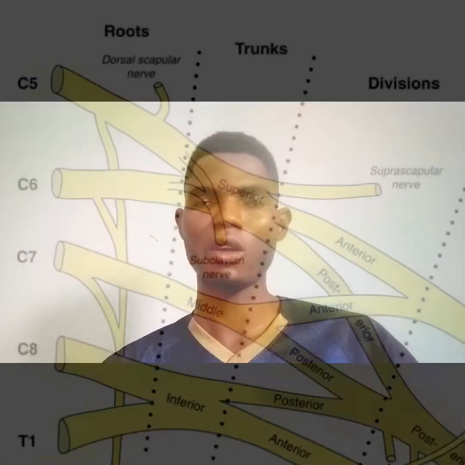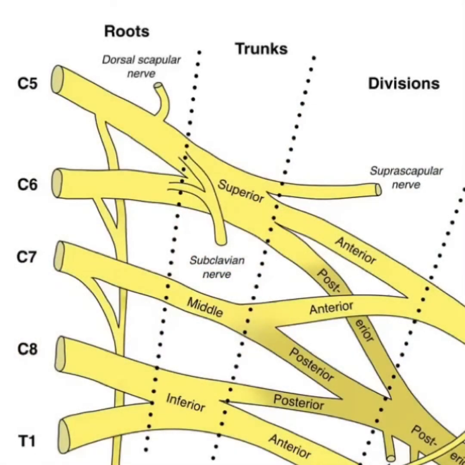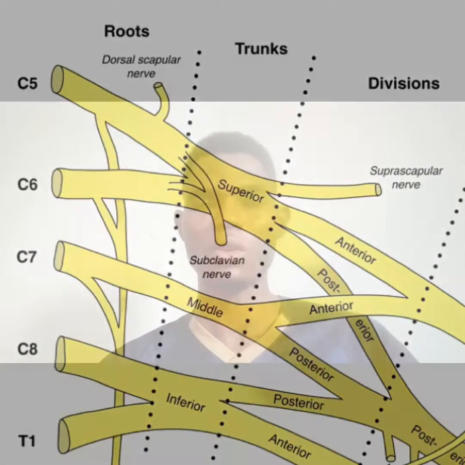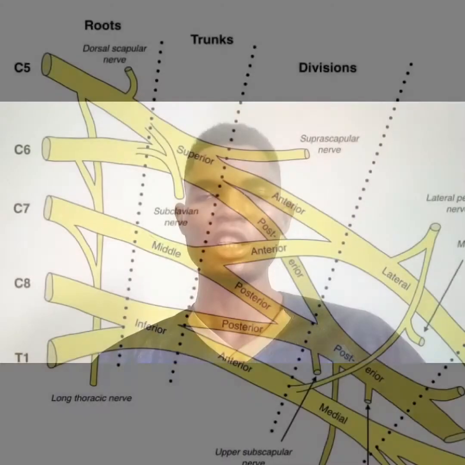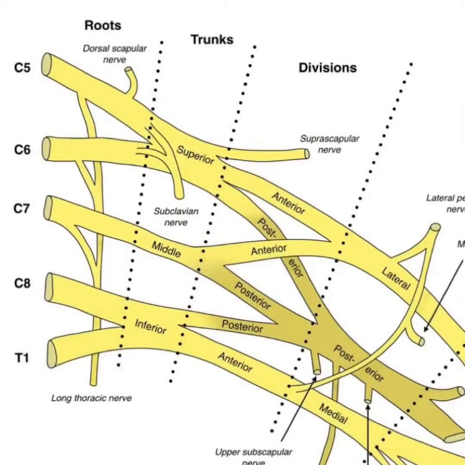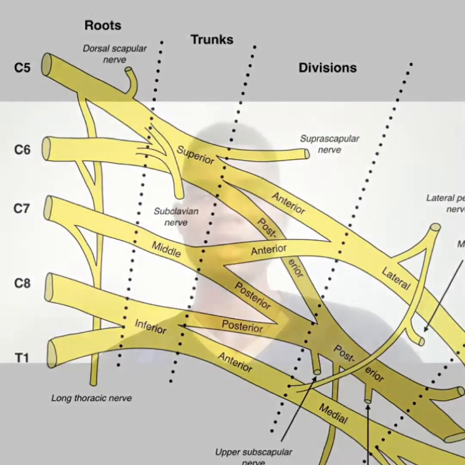The superior trunk is formed by the combination of the C5 and C6 roots. Then the middle trunk is just the continuation of the C7 root. Then the inferior trunk is formed by the union of the C8 and T1 roots.